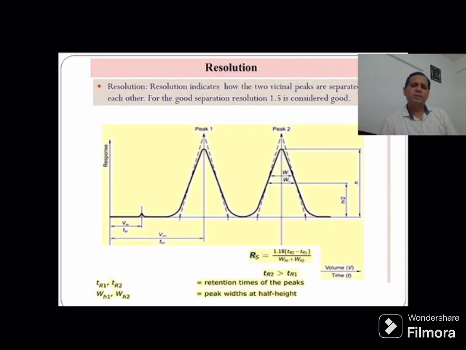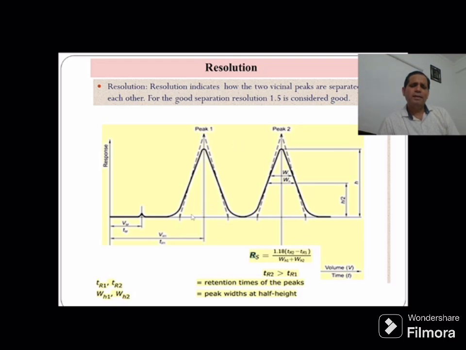So the first parameter is resolution. Resolution indicates how well two vicinal, meaning neighboring, peaks are separated from each other. For good separation, the value of resolution is 1.5. Here there are two peaks in the chromatogram, peak 1 and peak 2.